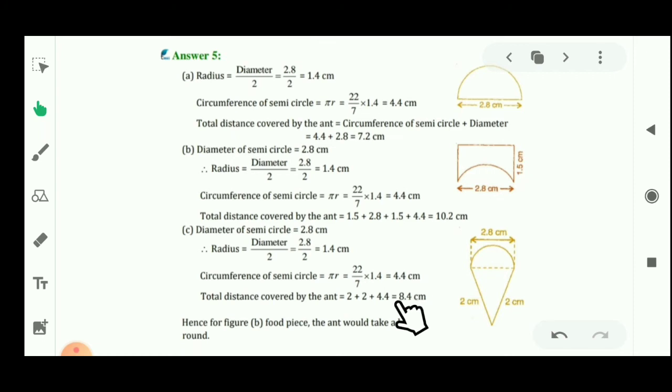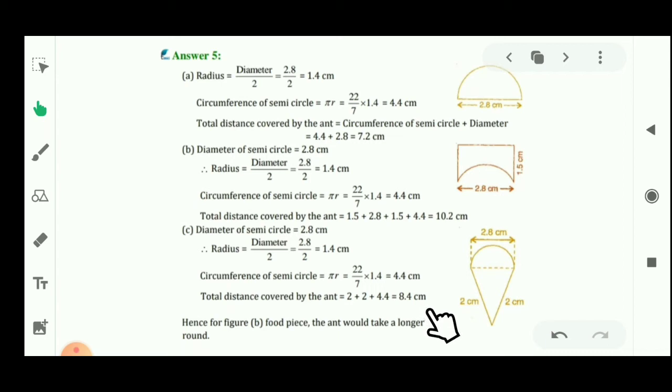Now we have to find out the total distance covered by the ant, that means 2 plus 2 plus 4.4, this is the distance covered by the ant. So 2 plus 2 plus 4.4 is equal to 8.4 centimeter.